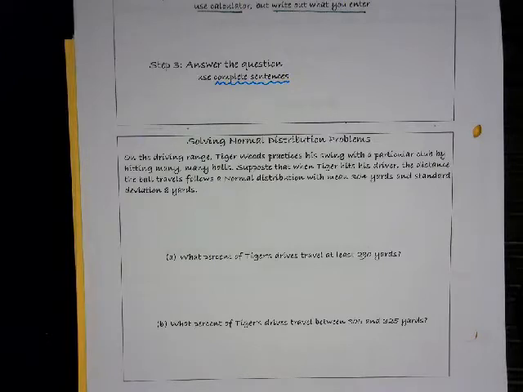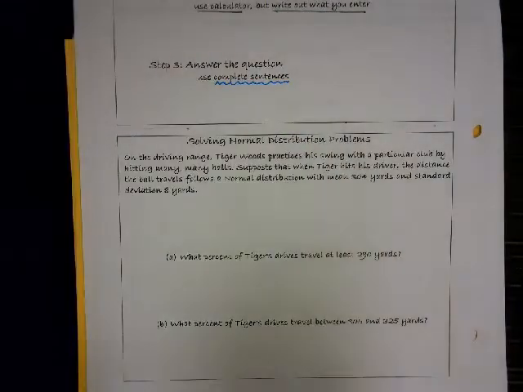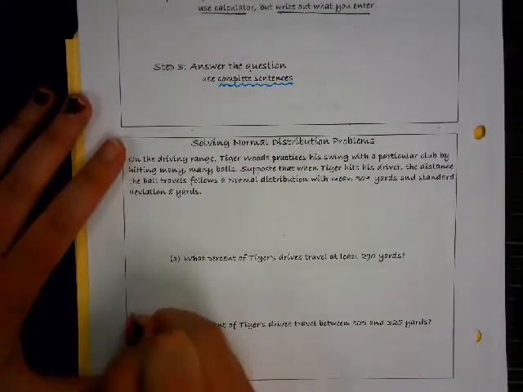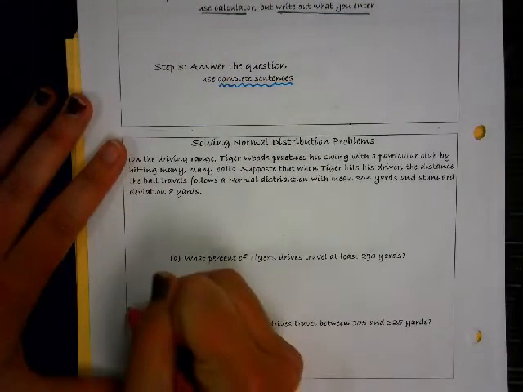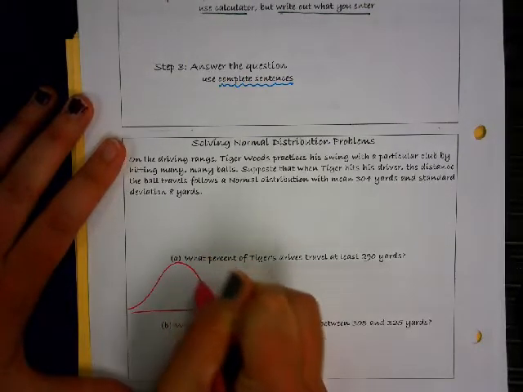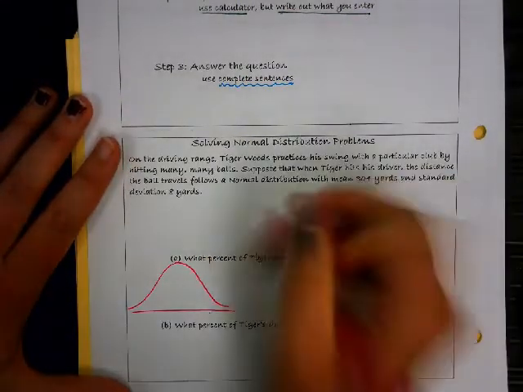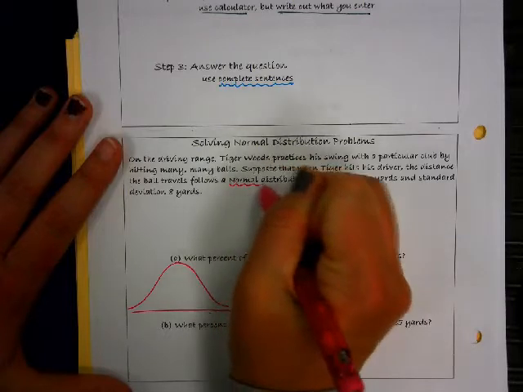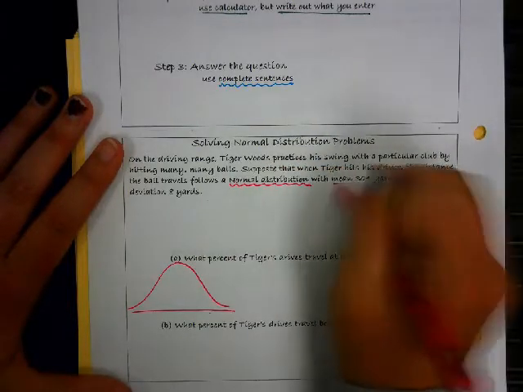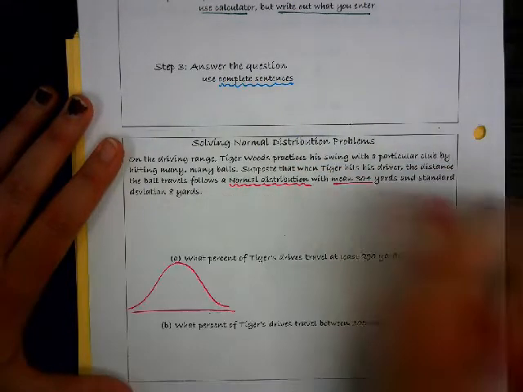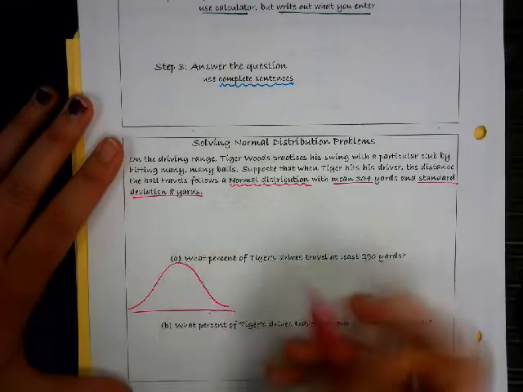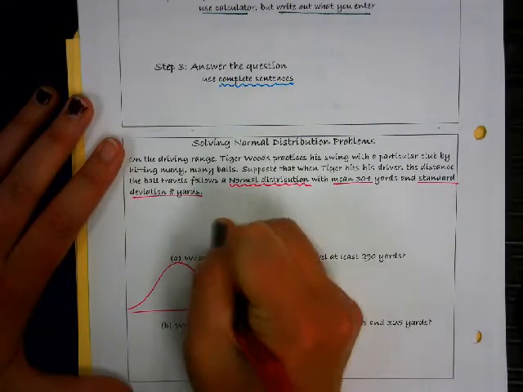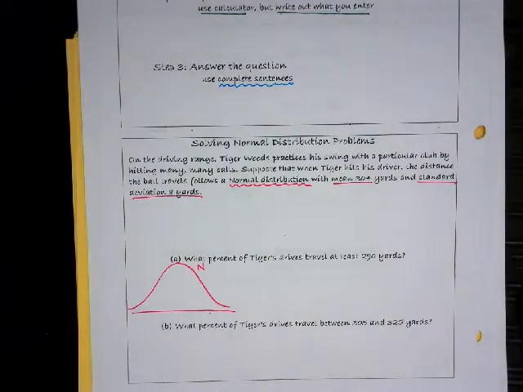So step 1 is to draw a picture. So we're going to draw our normal curve. Up in the paragraph, it tells us that it's a normal distribution, mean 304, standard deviation of 8 yards. So I'm going to put my capital N so that we know it's normal.